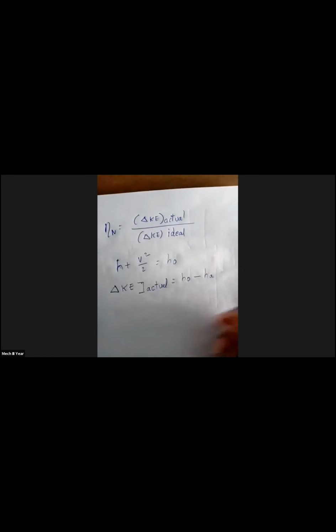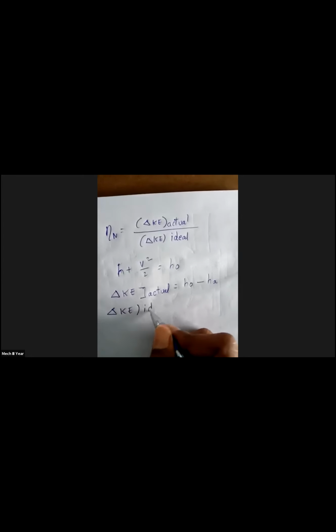Then we take the Bernoulli equation, h plus V squared by 2 equals h naught. Then the change in kinetic energy, actual, is equal to h naught minus h2A, and the kinetic energy ideal is h naught minus h2i, where the subscripts refer to the outlet and inlet.